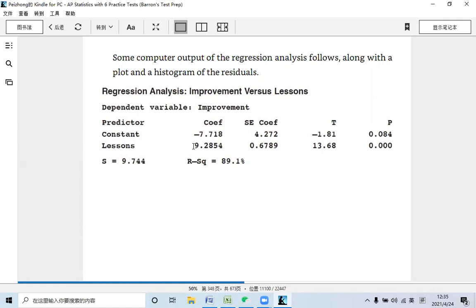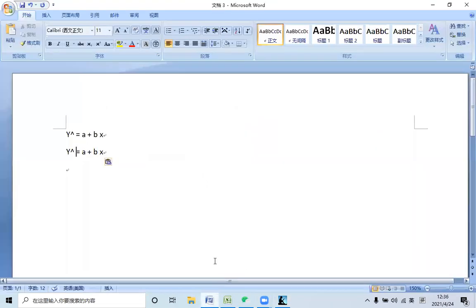So here, this one is a slope. Basically, a is negative 7.718. Here you replace this one, negative 7.718 would be a.